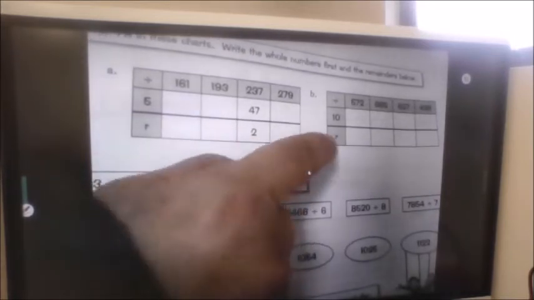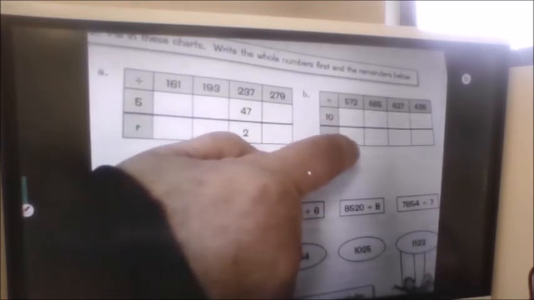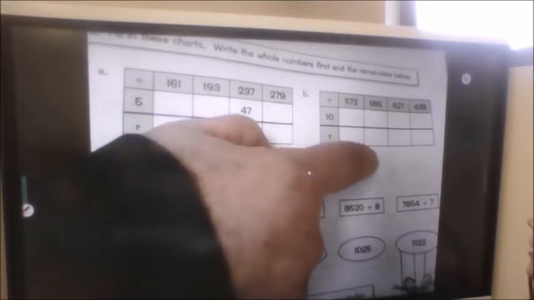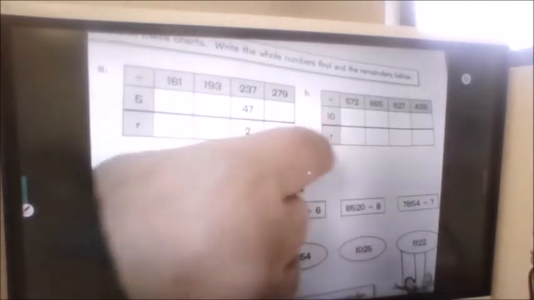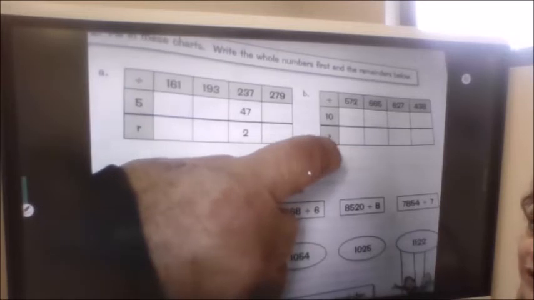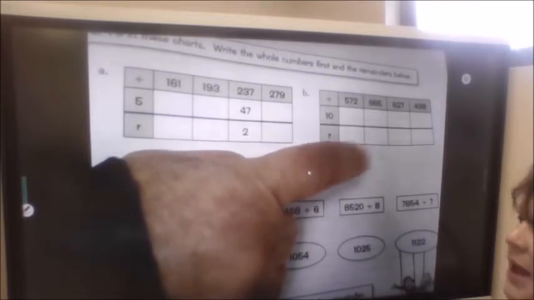What are they? Same here, you're dividing by 10 here. And what are the remainders? Okay, so think about what comes after the decimal point. Okay, on this one. So think about what we did as a starter. That was one of the reasons we did it. So have a look. When you get to your decimal point, anything that comes off after it are the remainders.